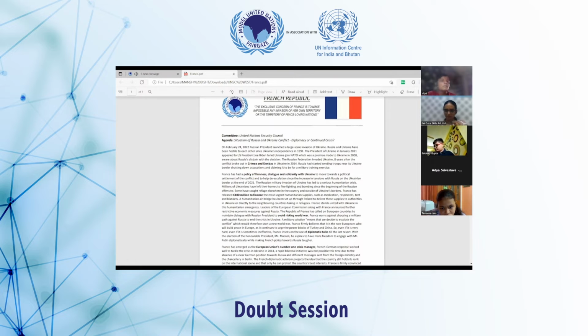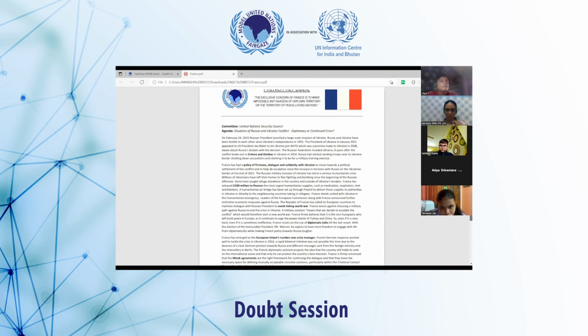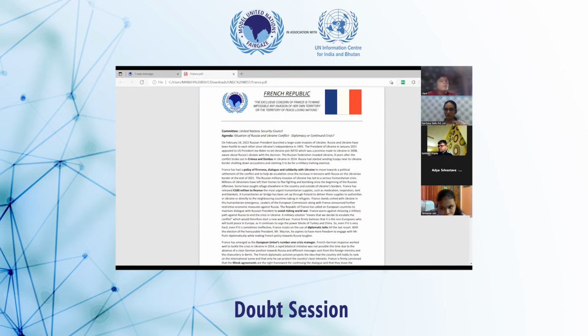There is no word limit. Like this, you can say that this is one page only, but the way it is written, it consists of referencing, it consists of data also. You can see that here also the data is written. The main keywords are highlighted over here. Like these are the key points they want to highlight on the position paper. So like this, you have to write a position paper.